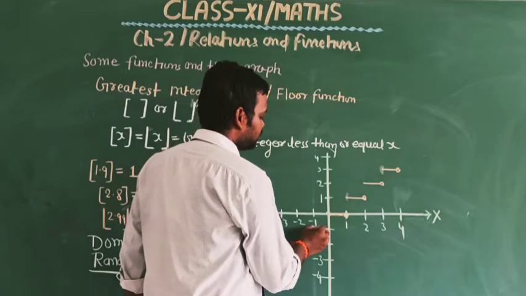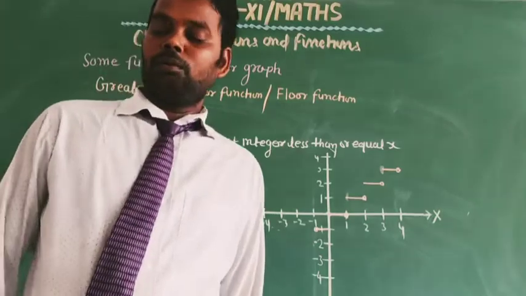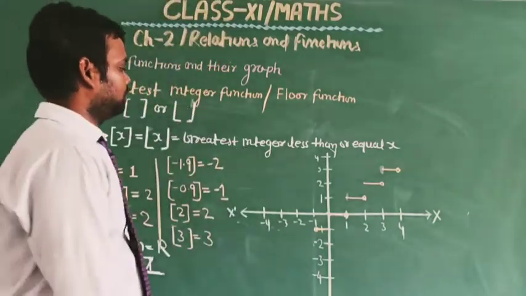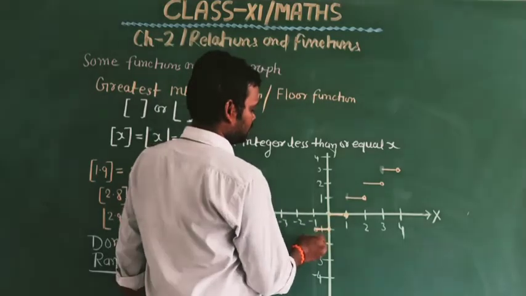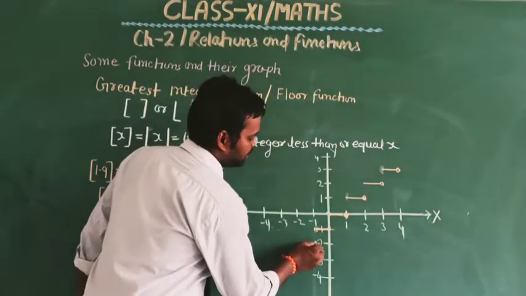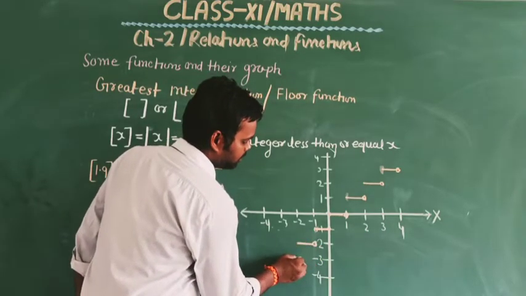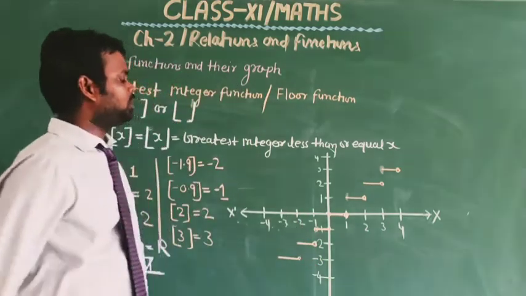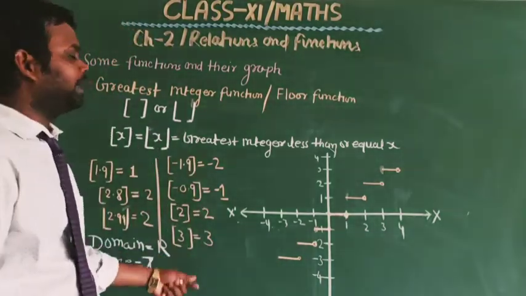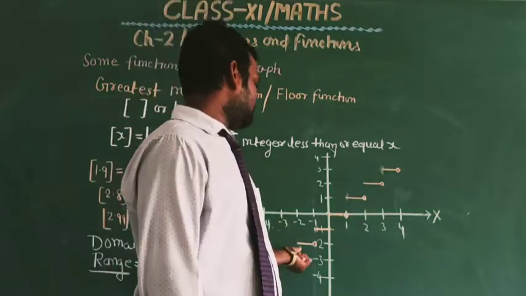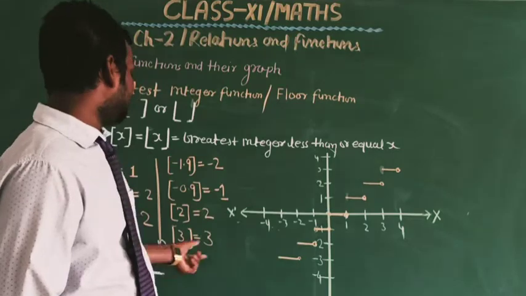Okay, so at minus 1, this is at 0 it is 0, and similarly this and this and here. Okay, so this is the graph of the greatest integer function. I hope this is clear how to make it. Okay, with the help of this example we have to make it.